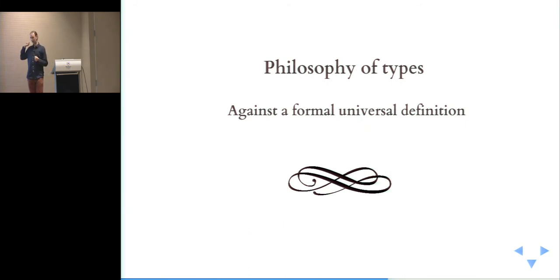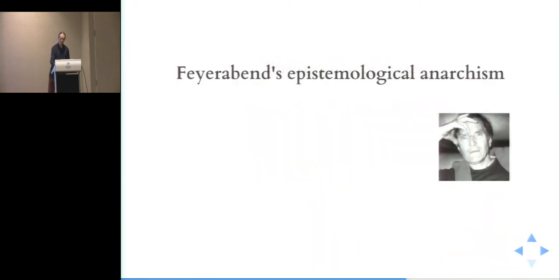But I think there is a lot of interesting work in philosophy of science, where philosophers of science have looked at the history, and they tried to find some of the structure in how science actually worked. And some of these ideas, I think, are really interesting when we talk about types as well. I'll actually start with the most chaotic one, or with the least structured.